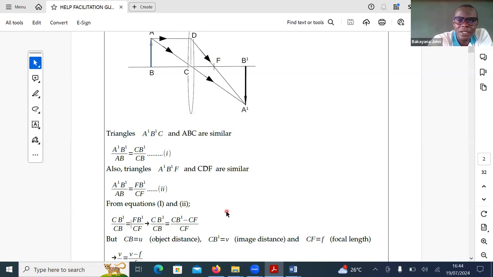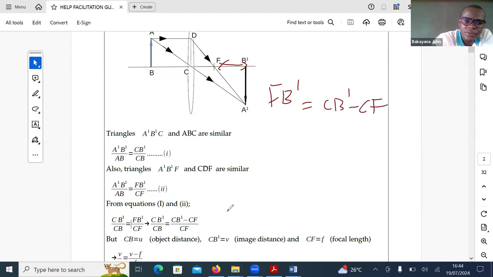FB prime is this length, which is the same as CB prime minus CF.